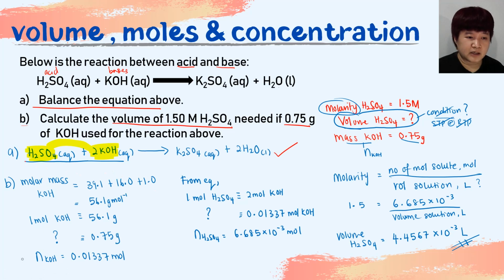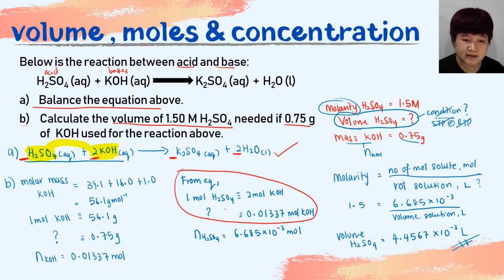From the balanced chemical equation, you will then be able to know the stoichiometry ratio of each compound in the reaction. And you can find anything as long as you know one thing from the equation. You can compare anything and you will be able to get it. The rest of the calculation will be more on the mole ratio concept.